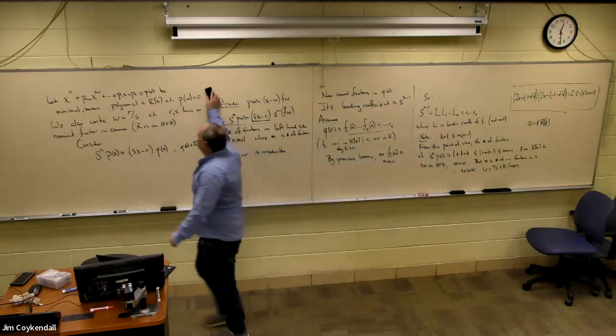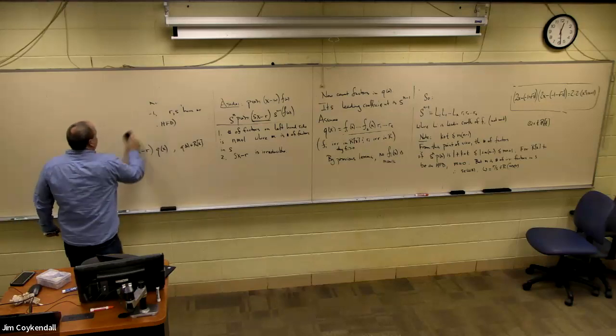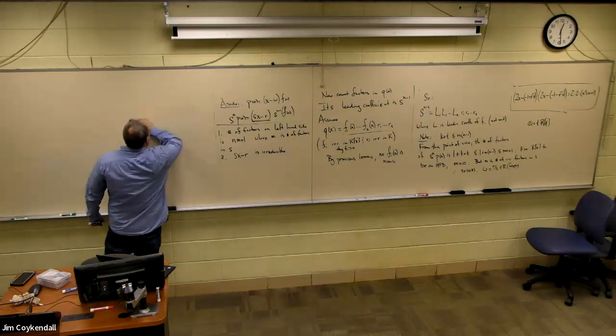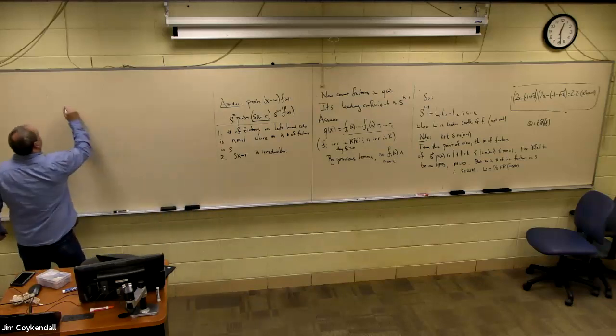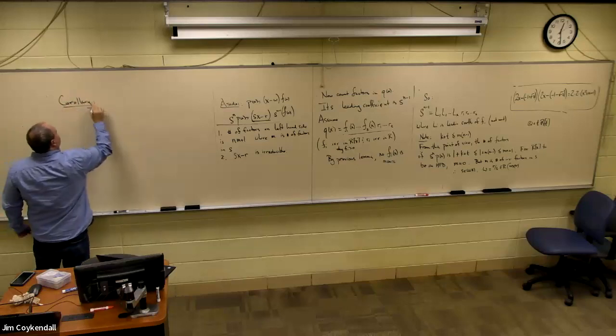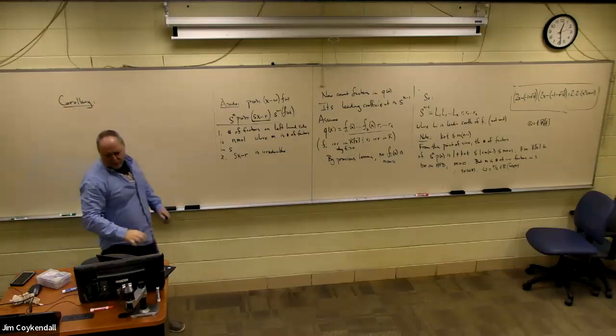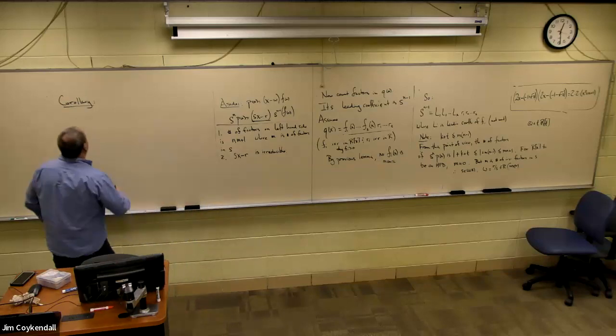So let me give you a corollary. And this basically tells, and I'll tell you what's open about this today, this basically tells you what you need to know. Corollary: let's suppose that R is a Noetherian ring, following equivalent.